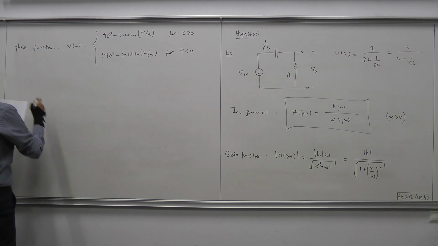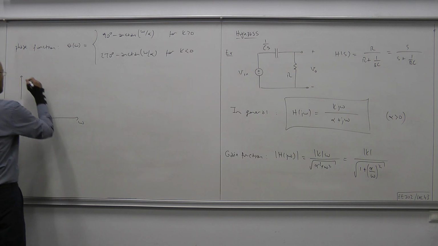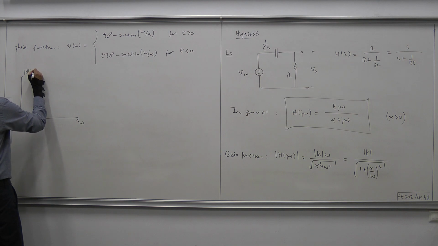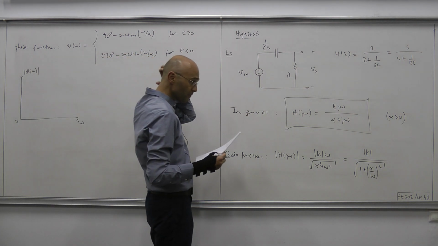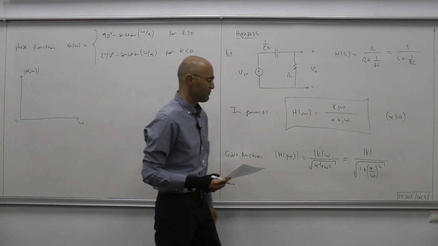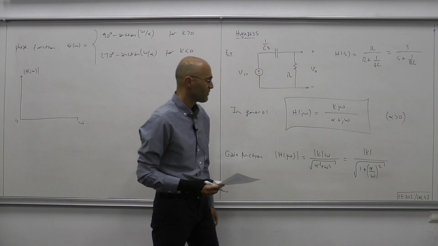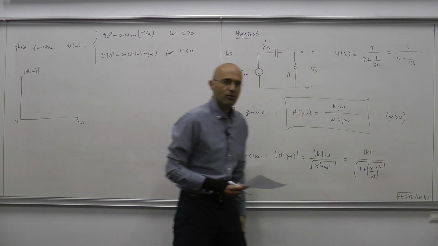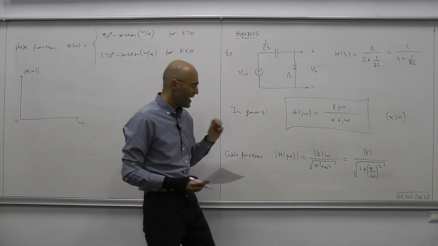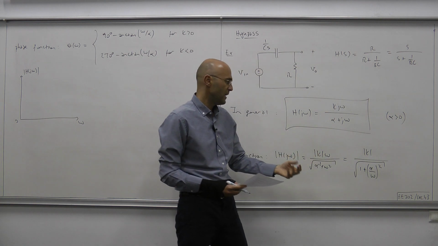Now let's obtain the frequency response plots. Okay, omega, and here we have the gain. This is our gain function. The numerator is fixed, it's the magnitude of k. And here we have the denominator in terms of omega. So what happens at omega equals 0? We have alpha over 0, so that's infinity.